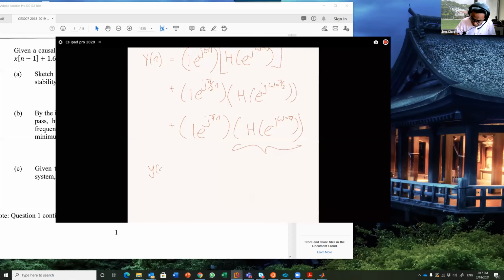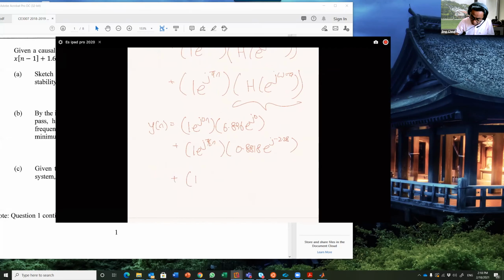So y[n] is equal to, the first one is 1 e^{j0n} multiplied by 6.896 e^{j0}, plus 1 e^{j pi over 2 n}, and this one is 0.8818 e^{-j2.28}, and the last one plus 1 e^{j pi n} times 0.